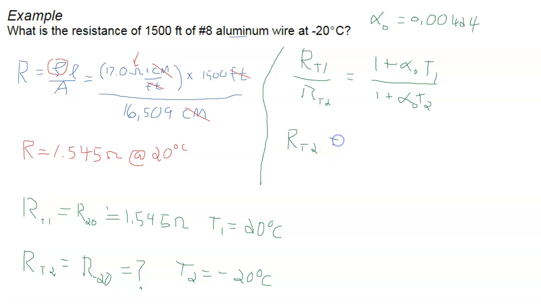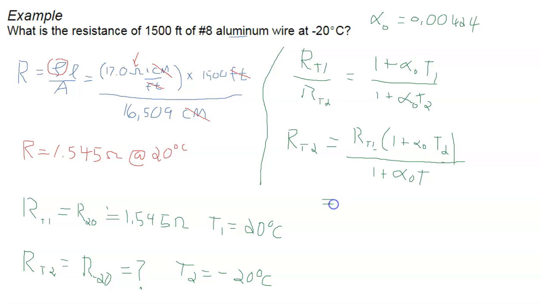Okay, so we're going to solve this now for RT2. So RT2 is equal to, by cross multiplication, RT1 times the expression on the bottom of the right side, 1 plus alpha 0 times T2. So it's very important for T1, T2 on the top. Then 1 plus alpha 0 times T1 on the bottom.